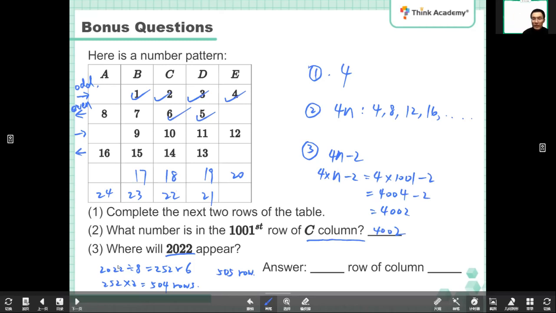Putting them in, the sixth number will be at column C. We're starting with row number 505, but we can only put 4 numbers in row number 505. That means we'll have to move on to the next row, row number 506. So row number 506, column C is our answer. Okay, that is this question.